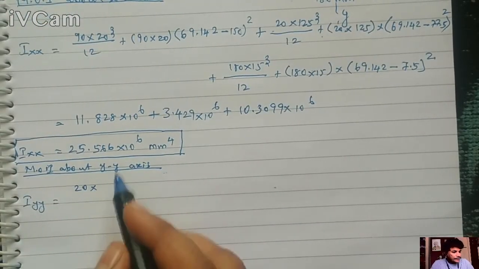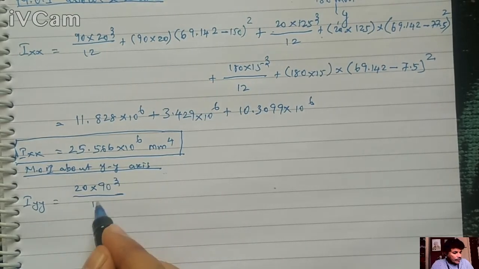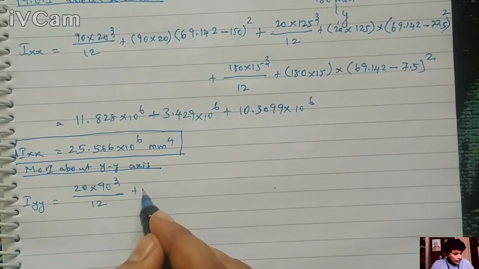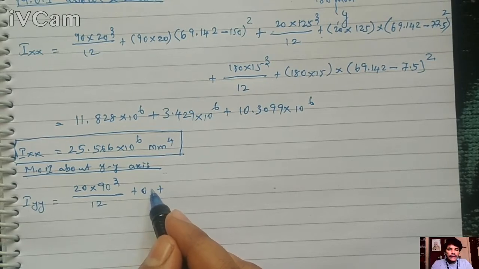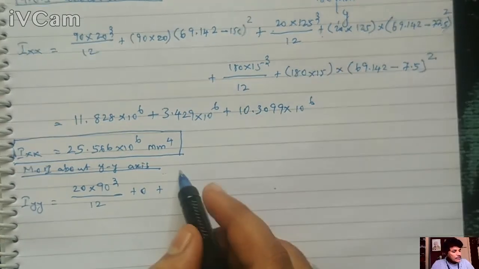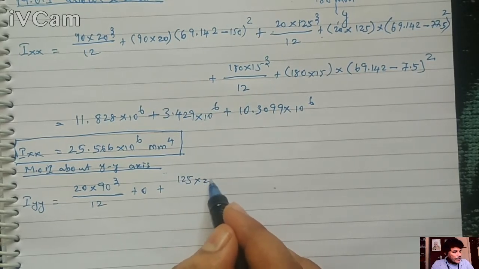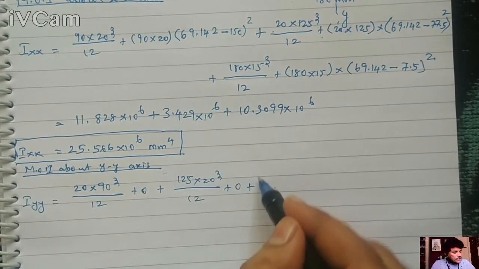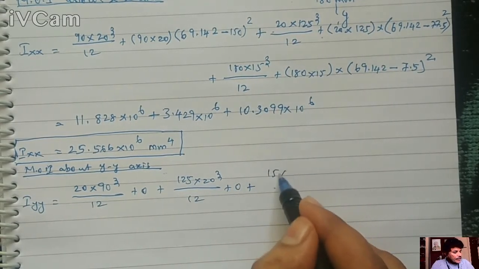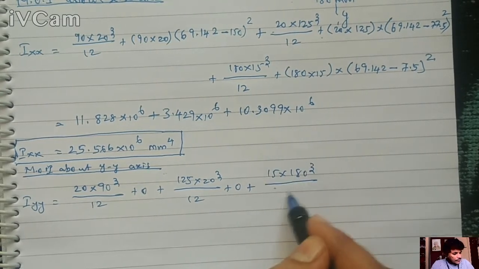Which is equal to 20 into 90 cube divided by 12 plus 0 plus, why 0? Because area into h1 bar square, where h1 bar is x bar minus x1, is 0. Plus 125 into 20 cube divided by 12 plus 0 plus 15 into 180 cube divided by 12.